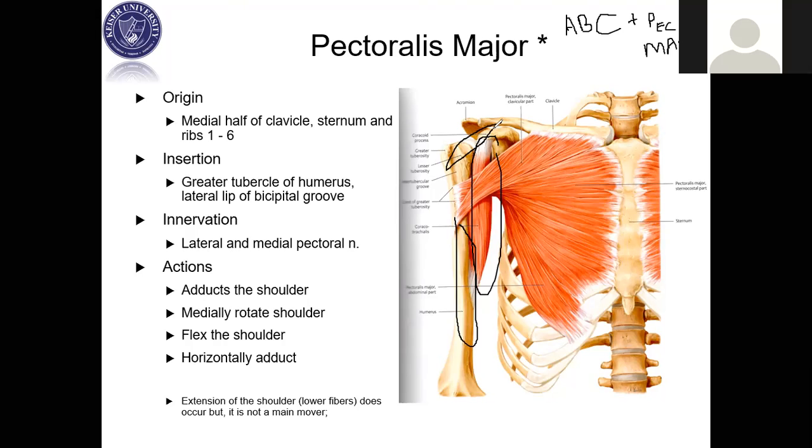It does something known as horizontal adduction. What that is: if we bring our arm up to 90 degrees with our elbow flexed, and we bring our arm inwards. So this is the horizontal plane right here.